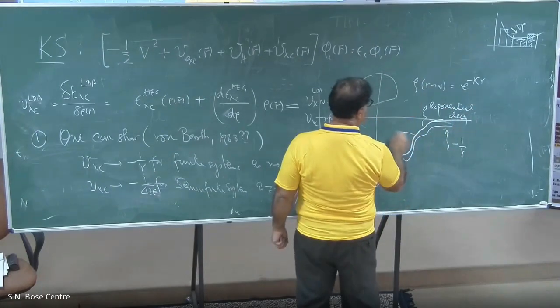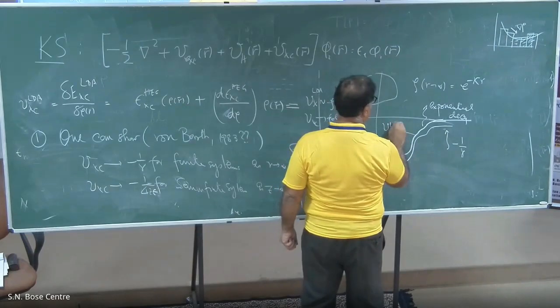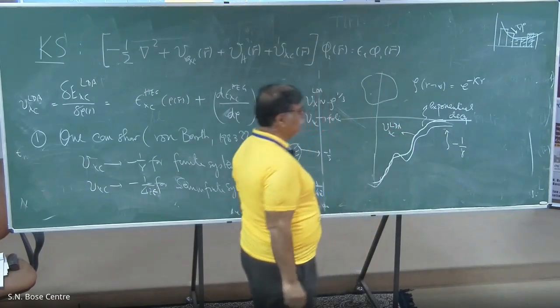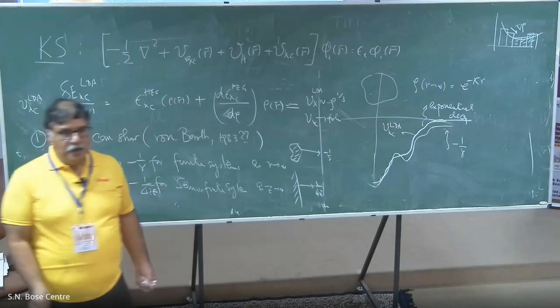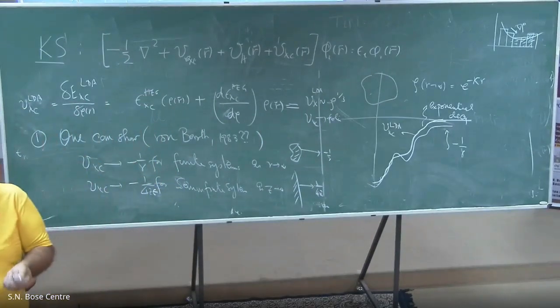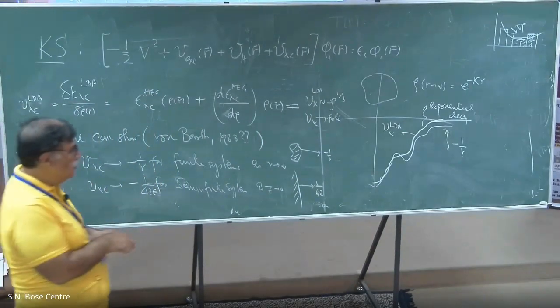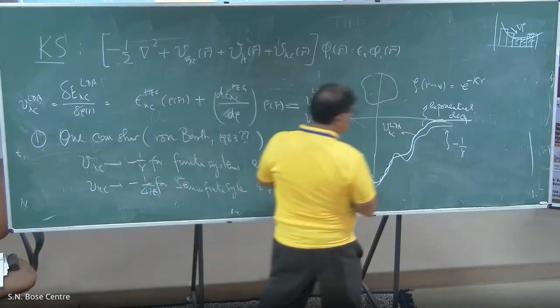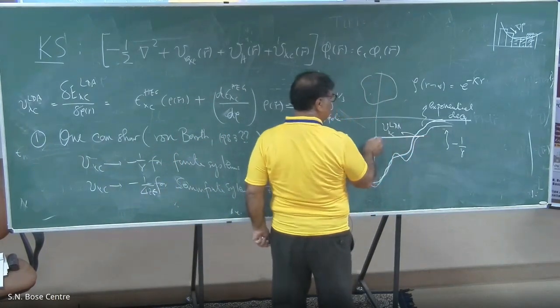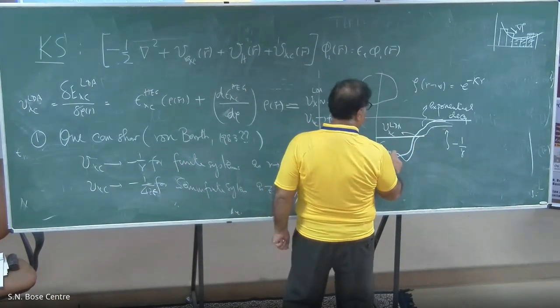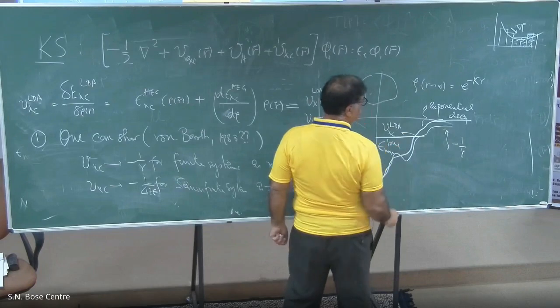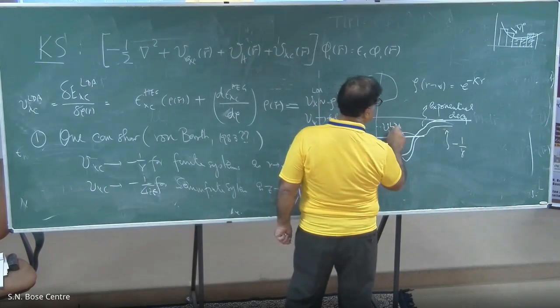Okay, this is LDA. If the potential is decaying much faster, right? The true eigenvalue, epsilon max true, which should have been here, gets pushed up.